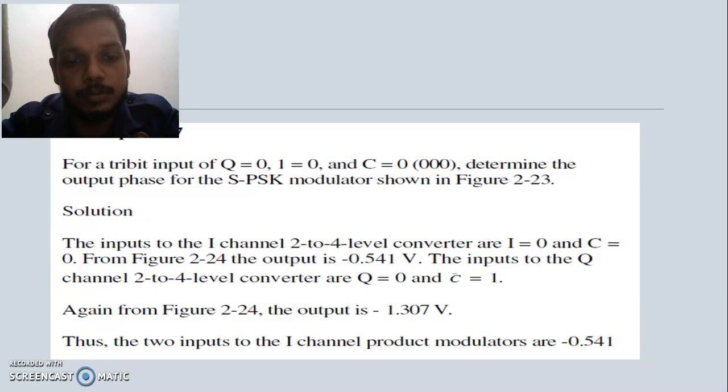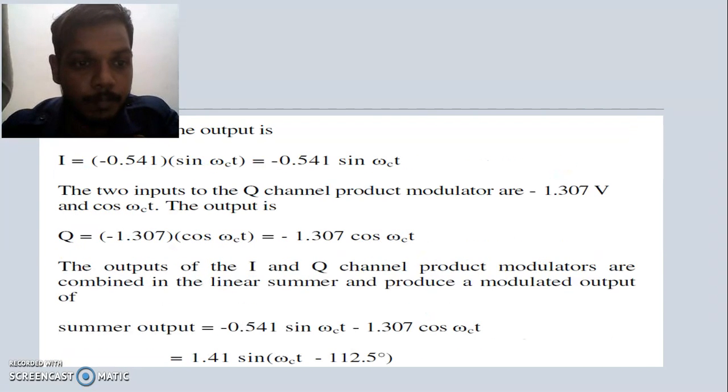From figure 2, the output is negative 0.541 volt. The inputs to the Q channel converter are Q equals 0 and C equals 1. Again from there, the output is negative 1.307 volt. Thus, the two inputs to the I channel product modulator are negative 0.541 and sin omega ct.